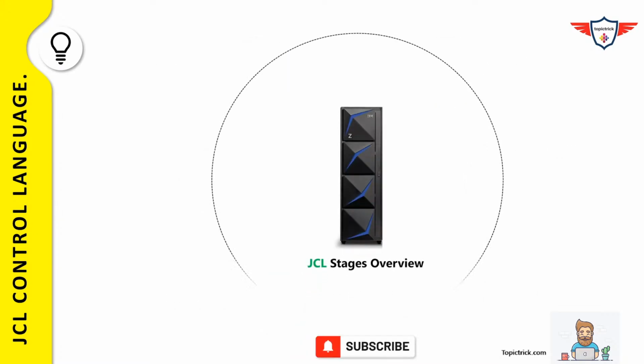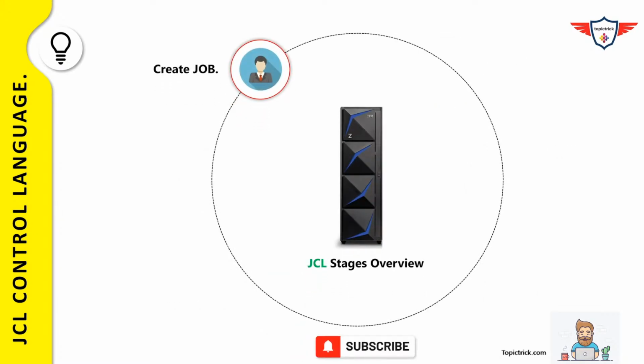So here's a programmer who wants to calculate the monthly tax for a specific department. As a first step, he's going to write a JCL with all the relevant information such as the program name, the input-output dataset names, and other accounting information that you need to specify in a job card. In the second step, the programmer carefully reviews the job and submits it for execution.